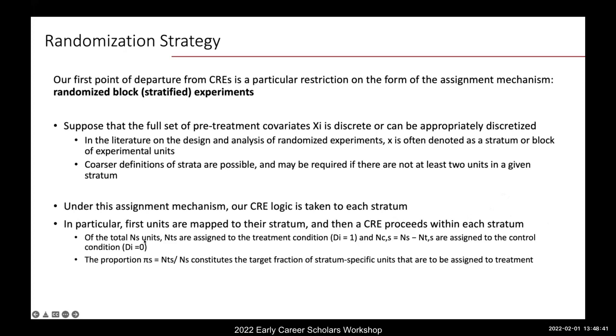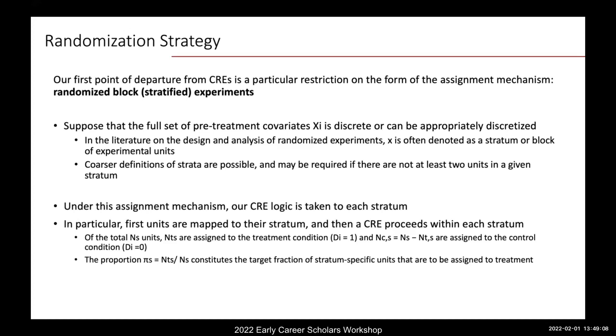So what does that mean? Of the total units in each stratum, N_ts are assigned to the treatment condition, and the other ones are in the control group. So, for example, within a village, we're going to assign 50% of households to the treatment condition and 50% to the control condition.